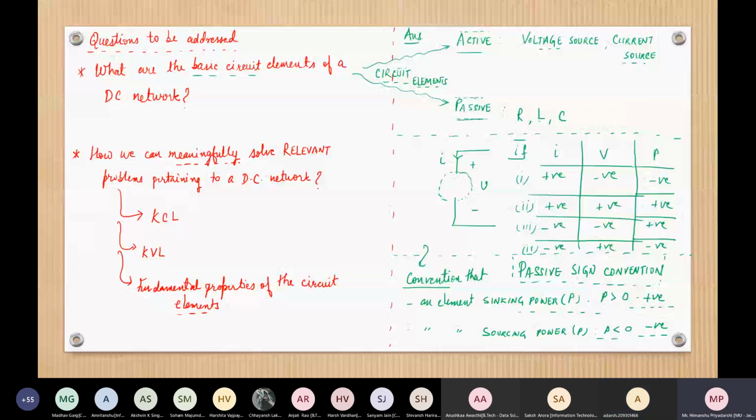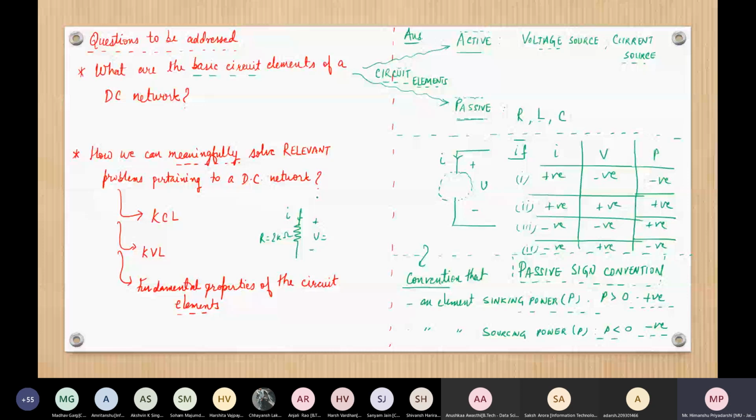Okay. Case 2 and case 3, he is telling. Let us say I have a resistor. The potential will be this and current will be this. You agree with me or not? Yes, sir. Let us say the value of resistor is 2 kilo ohm, and the value of current is 1 by 2 milliampere.